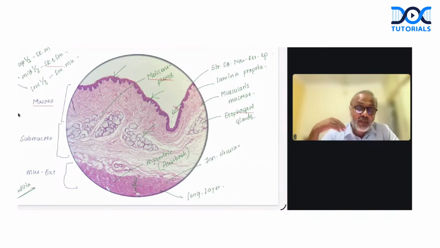So think in which part of the body or which slides do I get non-keratinized epithelium? Esophagus is one, tongue is one. Provided if you have slides of, let's say, vagina or terminal portion of anal canal, none of the other slides should have the lining epithelium or covering epithelium, which is stratified squamous non-keratinized. Are we clear? So this is regarding the slide of esophagus.